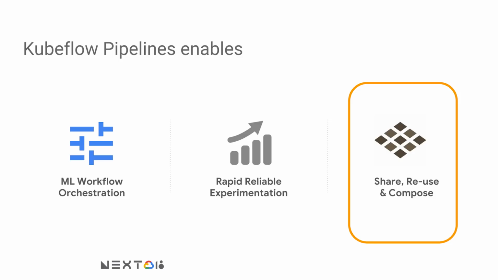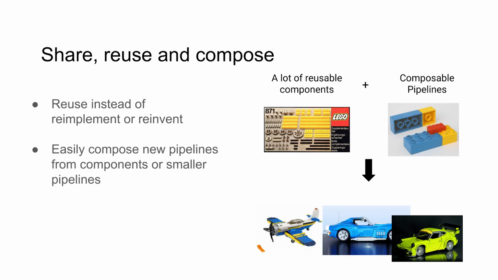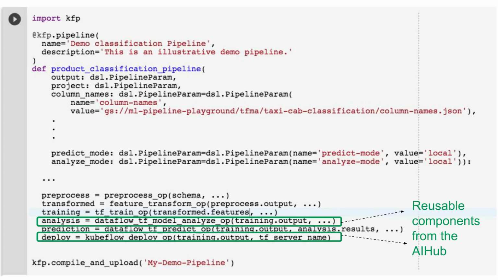The last piece of the puzzle was sharing and reusing components. As we said, we want to reuse and compose instead of re-implementing and reinventing everything. So in this example that we saw previously, these steps are actually coming from AI Hub.